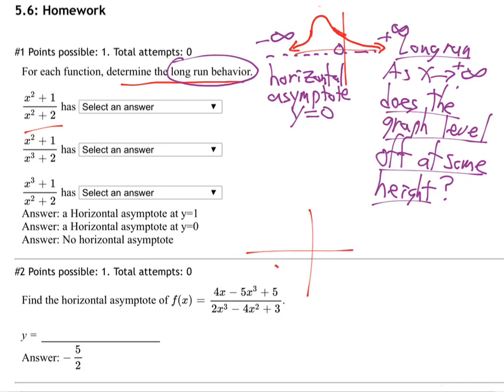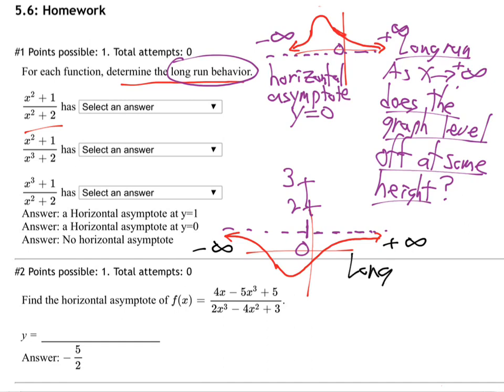Let's see if I can do it. At a height of 1. This could be height of 1 here. This is like 2 up here and 3, this is 0. So it could be leveling off at a height of 1 as you go towards positive infinity or negative infinity.